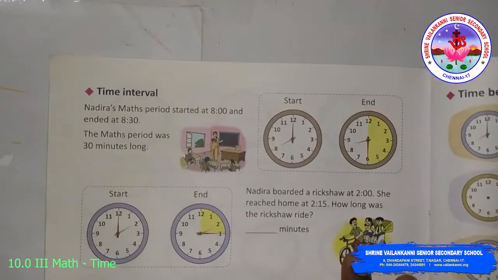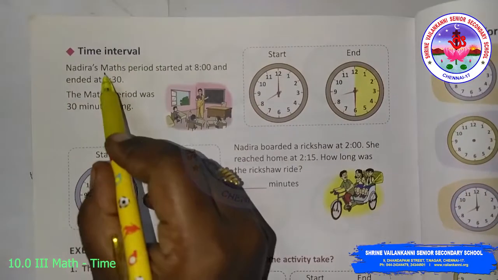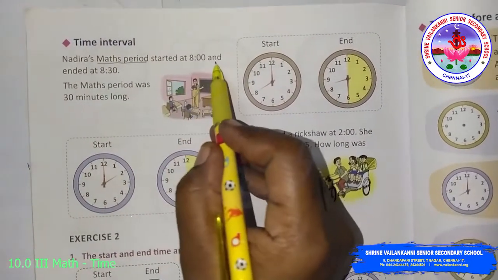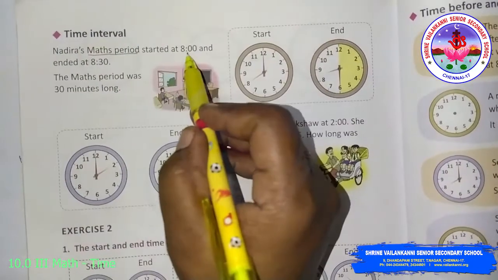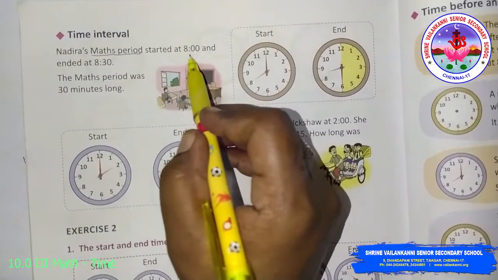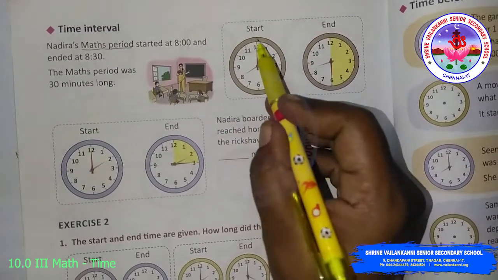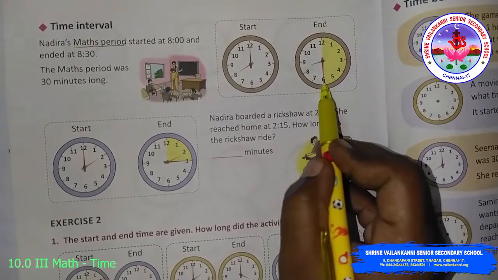Next topic we are going to see is time interval. For example, the maths period started at 8 and ended at 8:30. You can say 8 in the morning, 8 a.m., the class started, and at 8:30 the class ends.